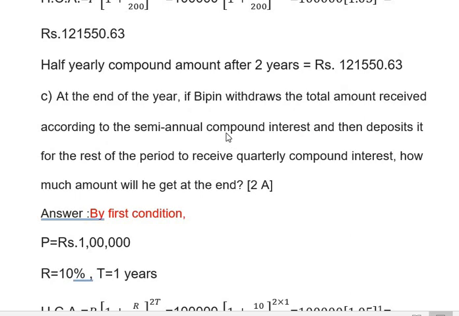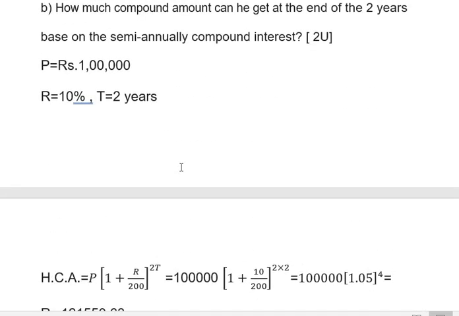Or he withdraws all the amount, takes out some money, and deposits the remainder for the second year. Such types of questions may be asked.